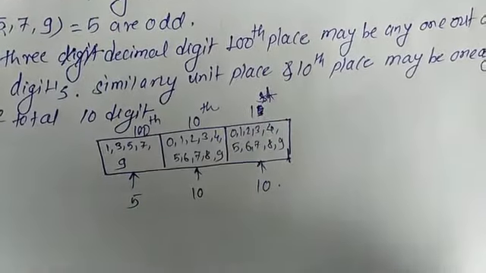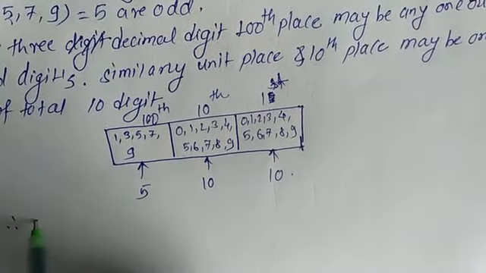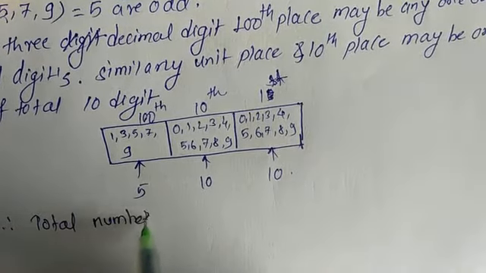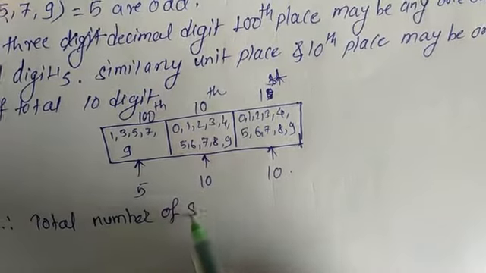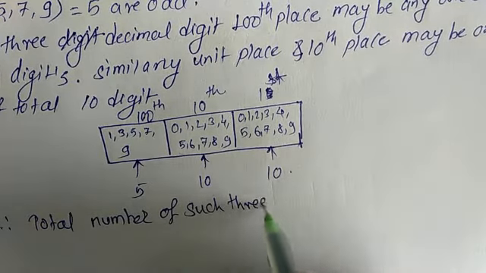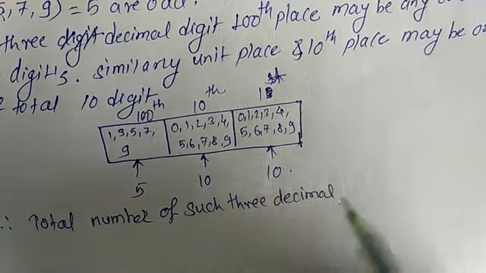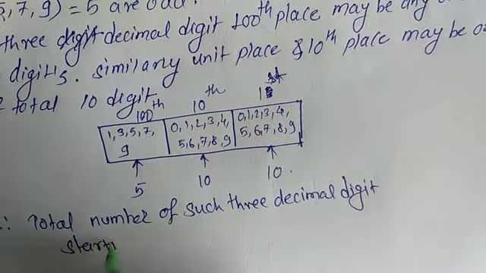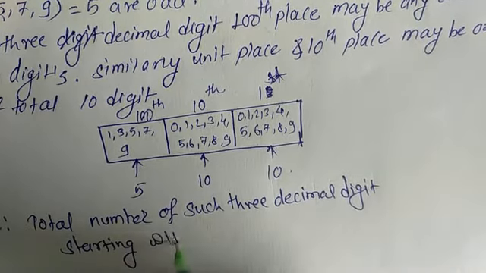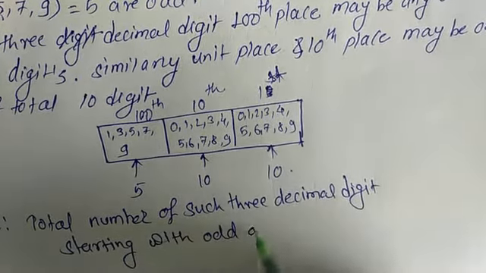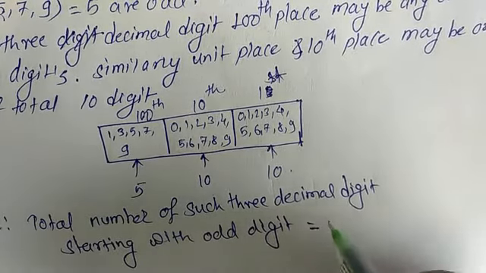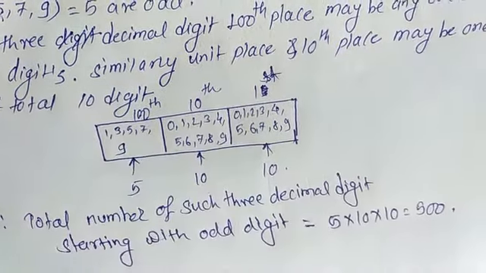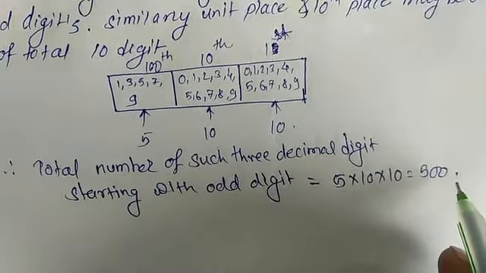So the total number of such 3 decimal digit numbers beginning with an odd digit is equal to 5 into 10 into 10, which is equal to 500. Okay, so this is the answer of our first part.